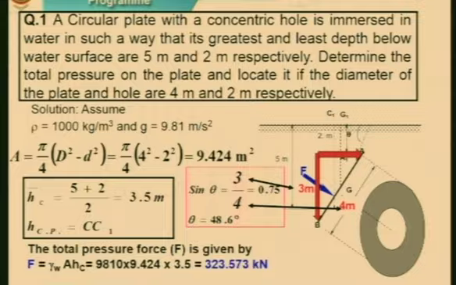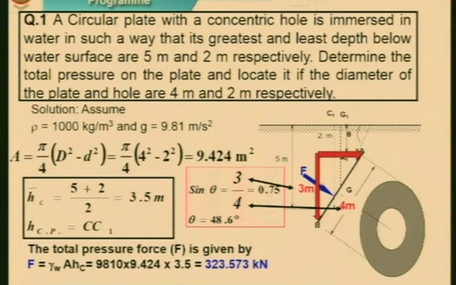As I mentioned, take the least height, take the greater height, 5 plus 2 divided by 2, it's 3.5. We can see the value is obtained as 323.573 kilonewtons. I have divided that value by 1000, no need to be surprised, right? So the total force I know now. What is the force now?